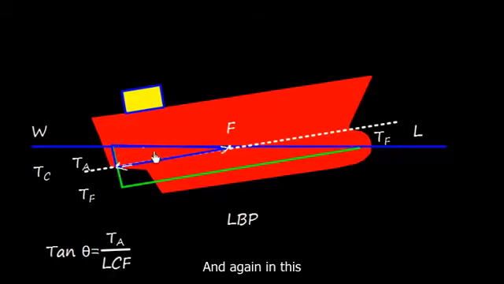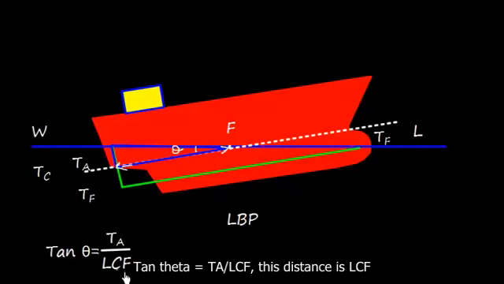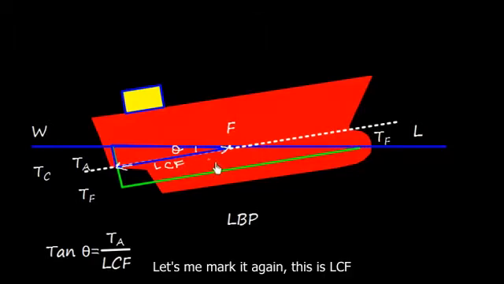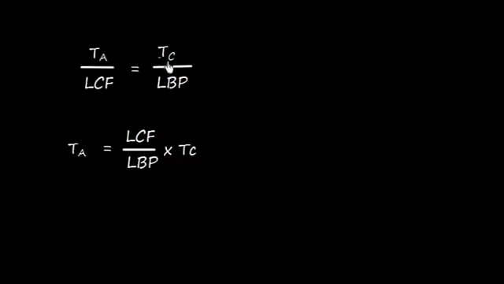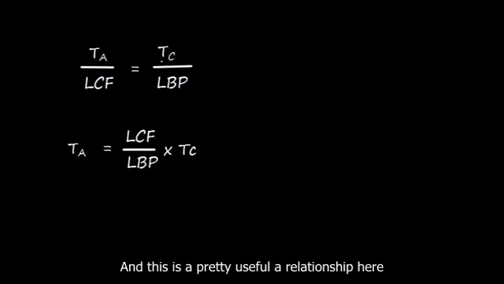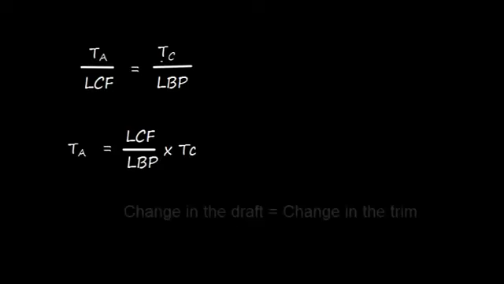And again in this blue triangle we have this theta, and tan theta is TA divided by LCF. Let me mark it again, this is LCF. So we have this relationship where TA divided by LCF is equal to TC divided by LBP, or simply TA is LCF divided by LBP into TC, and this is a pretty useful relationship here.